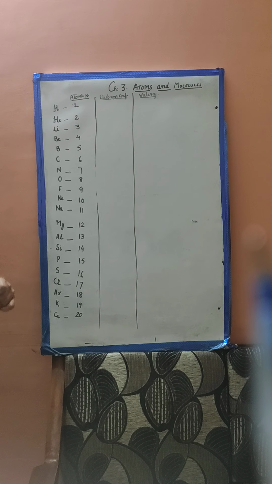This much you must know. Since an atom is electrically neutral, and you know that an atom is comprised of electrons, protons and neutrons, out of which protons are positively charged, electrons are negatively charged and neutrons are neutral entities.